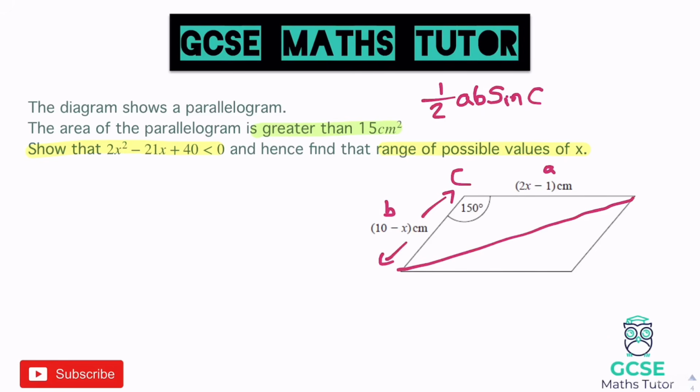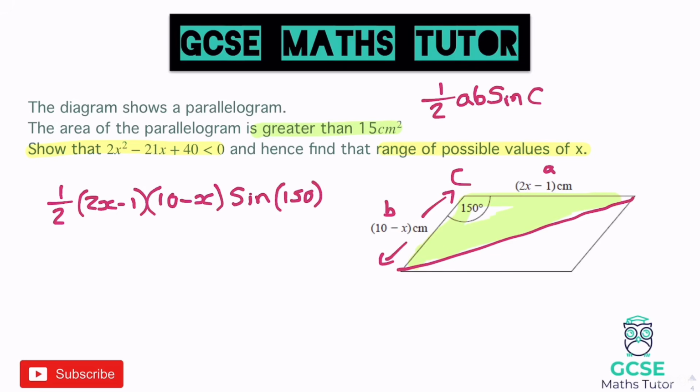So we've got half multiplied by A, which is 2x minus 1, B, which is 10 minus x, and then sine C, where C is 150. If I put this all in one go, I could now say it's greater than 15, but obviously what I'm working out now is only the area of this one triangle here.